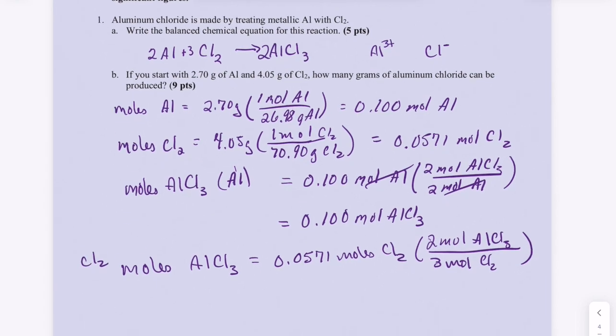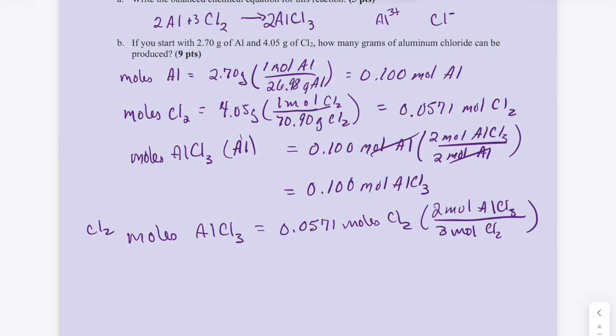All right, so that's what I've got. And so when I calculate the number of moles of aluminum chloride based on that, I get 0.0381 moles of aluminum chloride. So clearly, fewer moles of aluminum chloride with the chlorine. So just as we had said, chlorine is our limiting reactant.